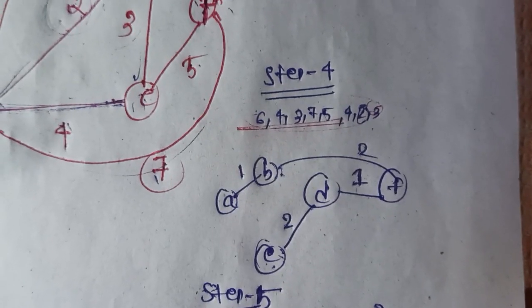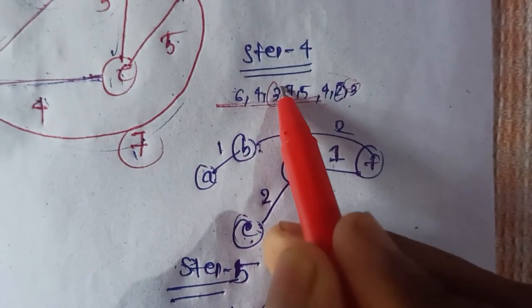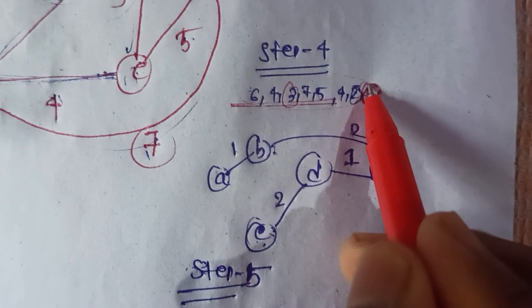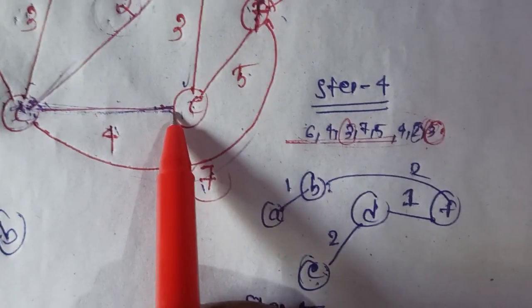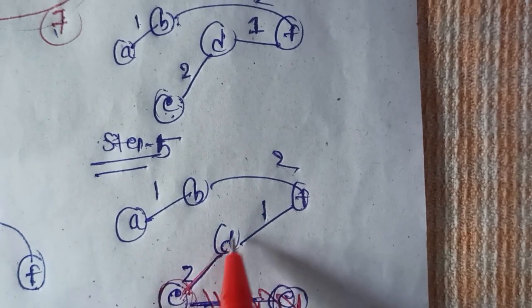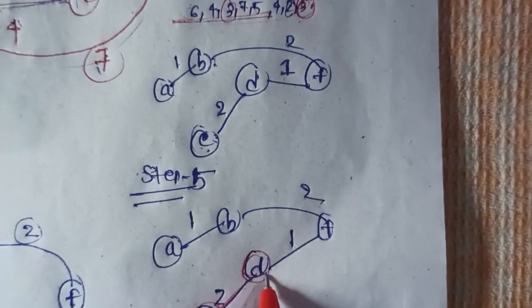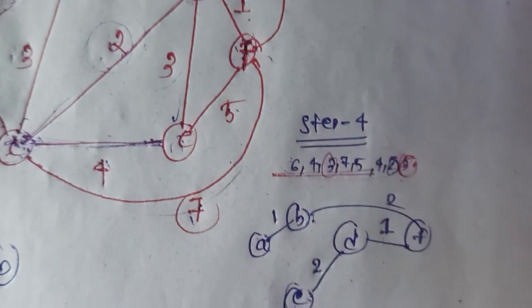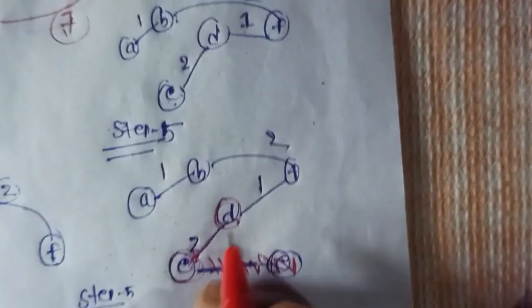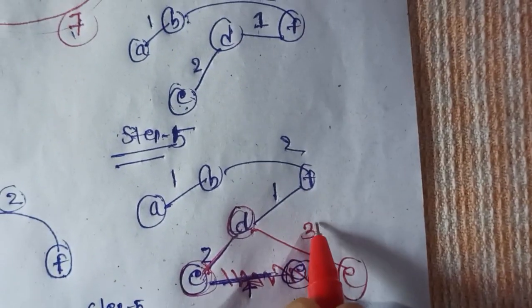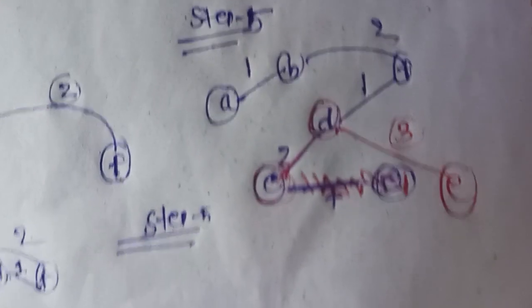So as 3 is already present, we have to draw that node, not C to E. Here in this part we return to the D node and simply draw D to E, because D to E has weight 3. Okay, so this is correct.